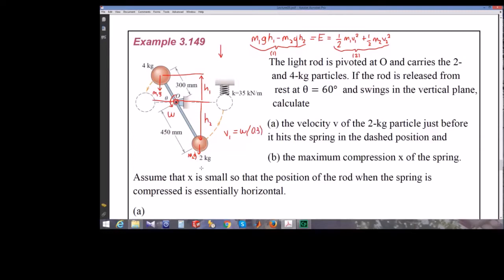So linear velocity will be calculated by omega r. R is 0.3 here. For V2, it will be a little bit larger because the arm is a little bit longer, 0.45. This is 0.45.